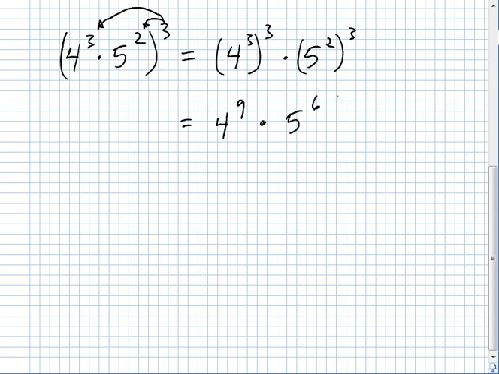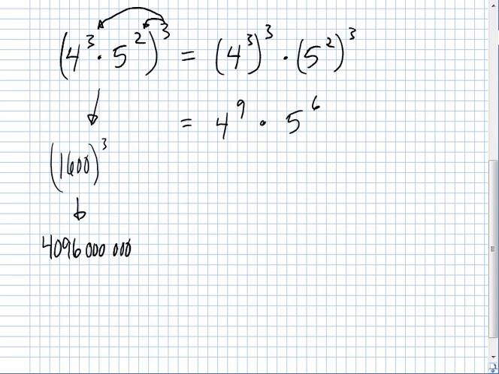Okay, and now just to convince yourself that you've done that right, you can do it on your calculator and work it out both ways and see that it works. So for example, 4 to the power of 3 times 5 squared is equal to 1600. And if you cube that, you get this very large number, 4,096,000,000.